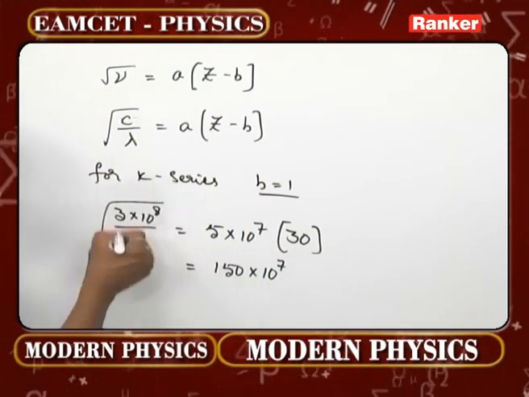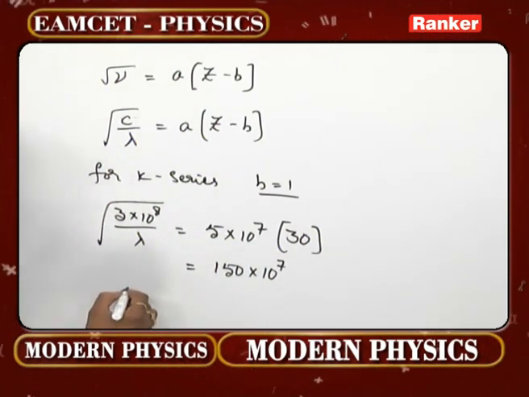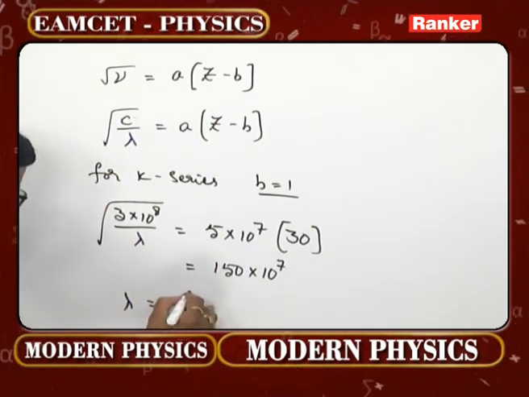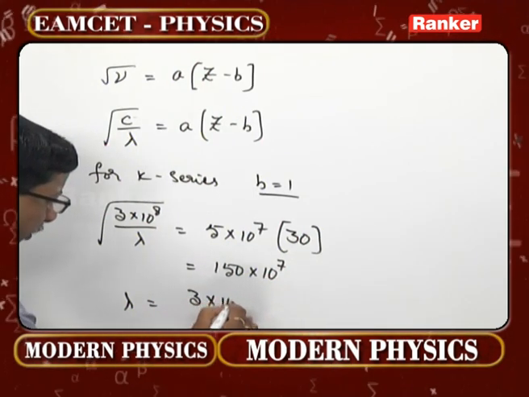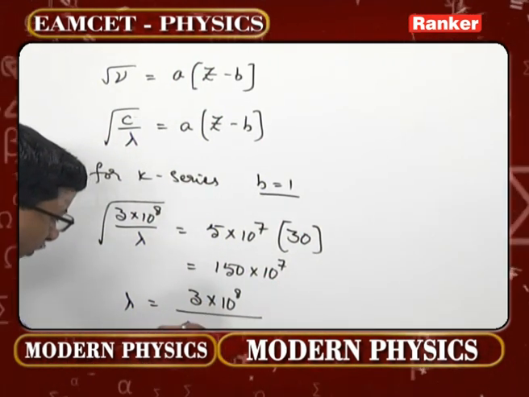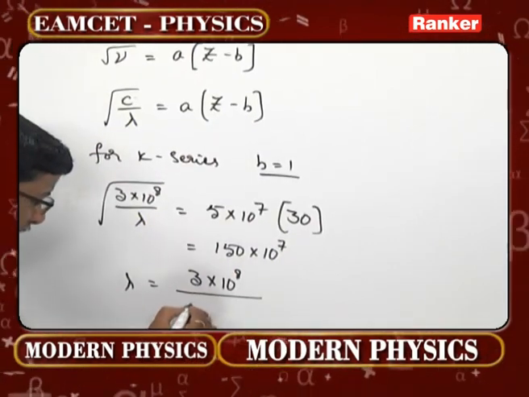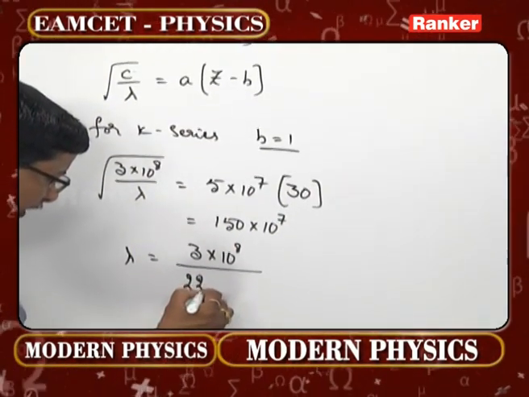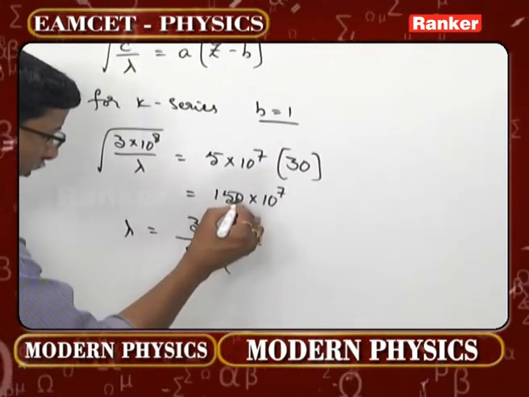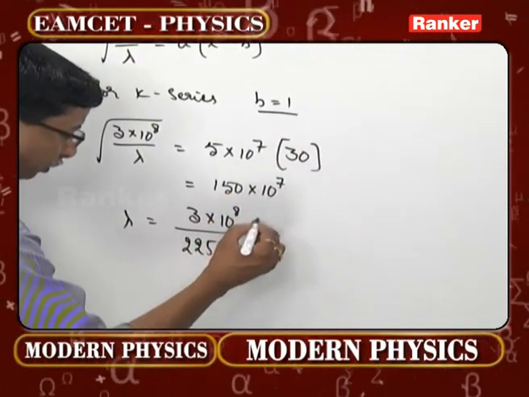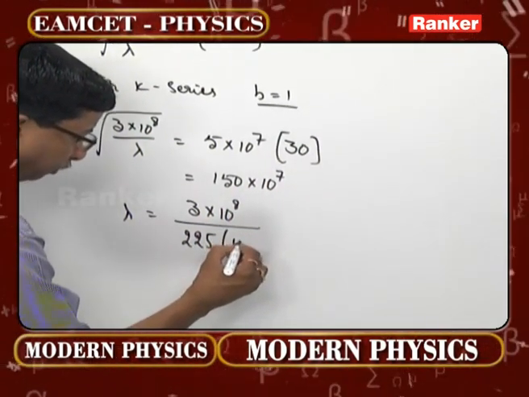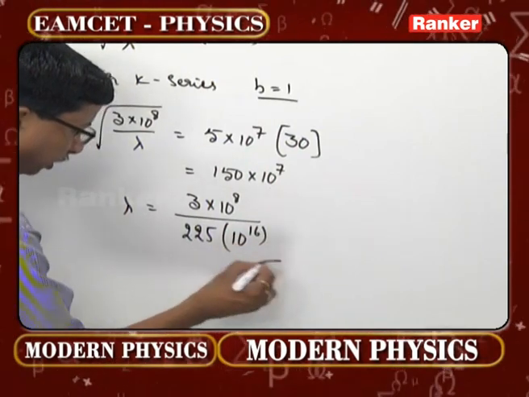That is equal to this much. Now square it on both sides, please. Then lambda becomes 3 into 10 to the power 8 by 150 whole square. 15 squared is 225, right? Into this, of course, 2 more zeros. This 2 for 10 to the power 14. So 10 power 16 we can directly write.